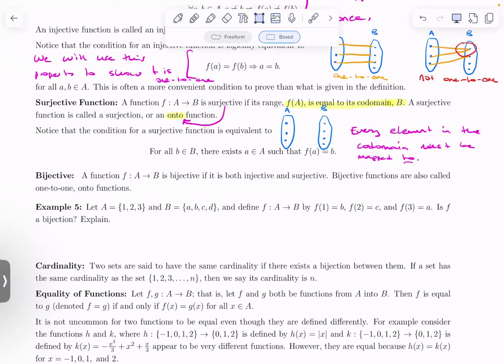What do you need to do if you had this situation? So now, if we need to force it to be onto, I could exclude one of these points, right? And then each one of these would be mapped onto exactly once.